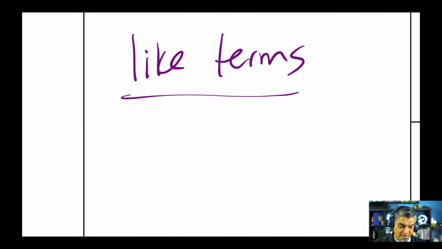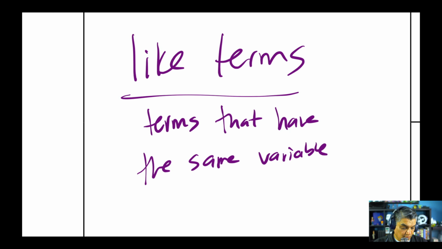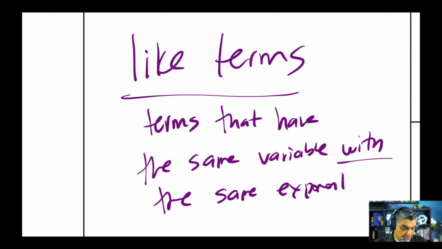Not like that. Like terms just means terms that have the same variable, and it has to be with the same exponent, right? So if you see an x and an x, those are like terms.